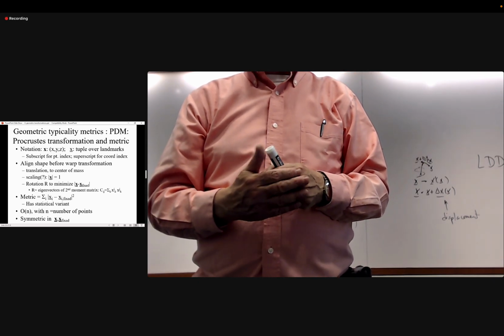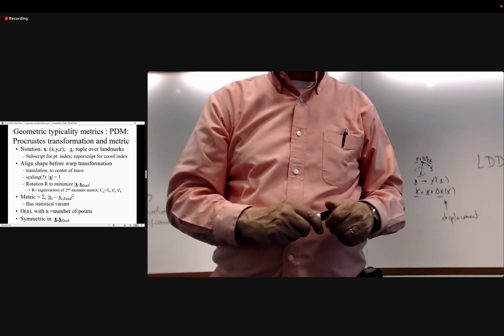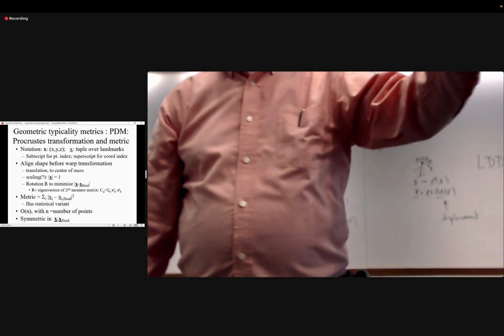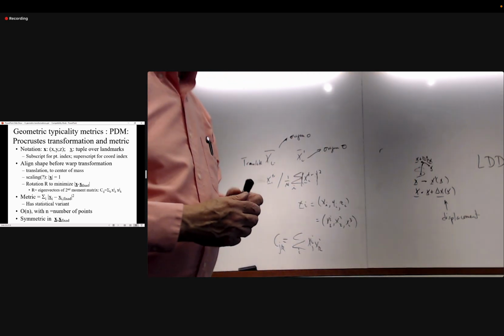The thin plate splines would have worked on the original data, but doing that would not give you the same result as doing Procrustes and then thin plate splines. And it turns out the one you want is Procrustes followed by thin plate splines. Okay.